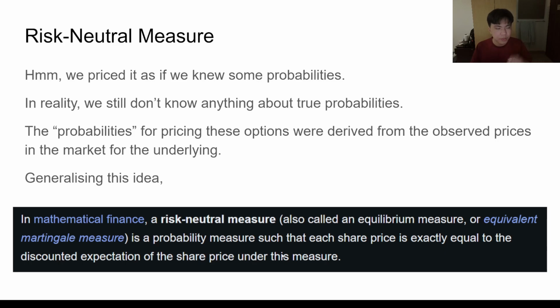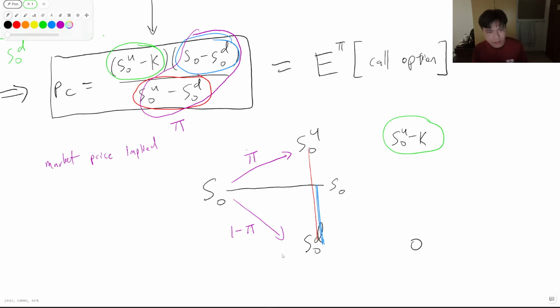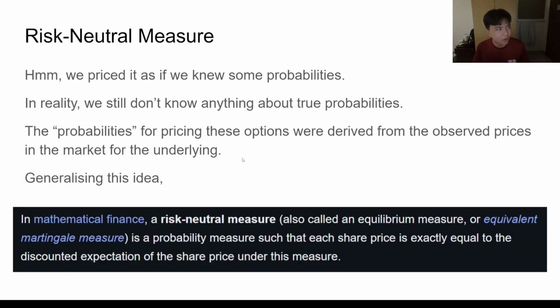So we price the call option as if we knew something about probabilities, but in reality, we know nothing about the true probabilities of whether uptick or downtick. We still do not know, and we'll probably never know. But we can use a mathematical trick by staring at this formula. We can look at the market price and infer some implied probability and price our option based on that.